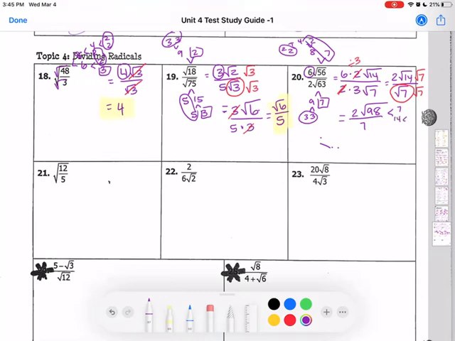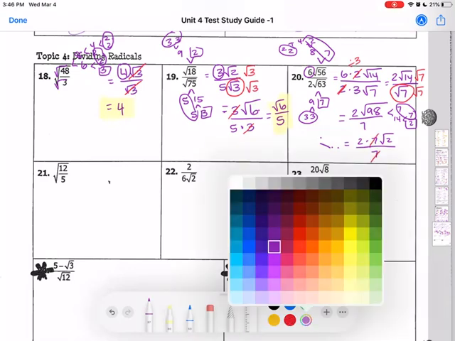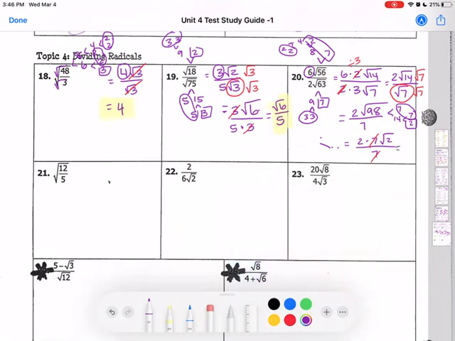When I break it by 7, I get 14, and then 7 and 2, so I can take out a 7 and leave behind a 2. So I get 2 times 7 square root of 2 over 7, and then these 7's cancel, so I'm left with just 2 square root of 2.